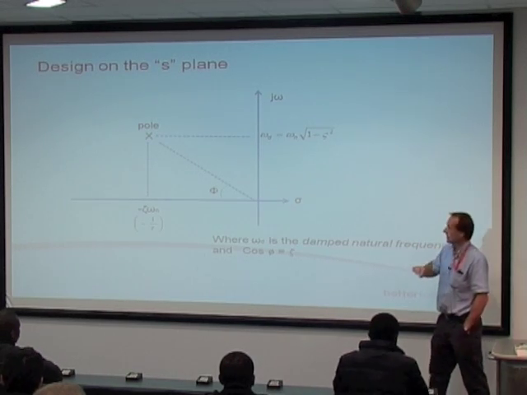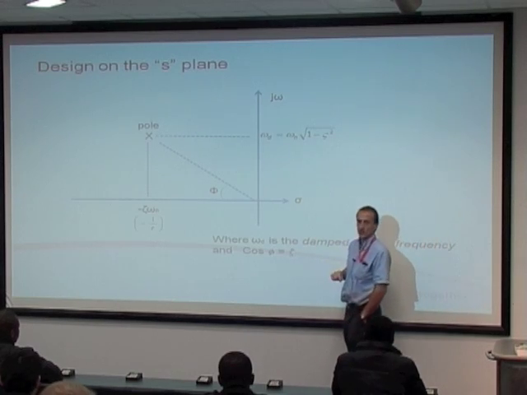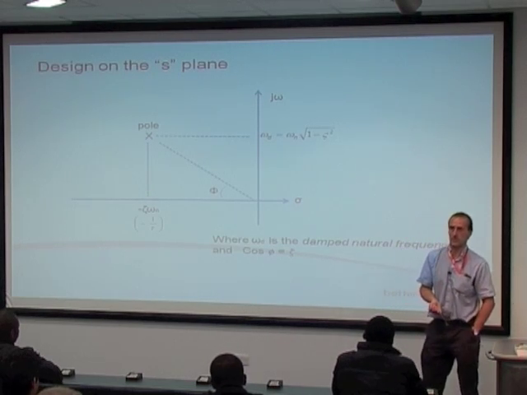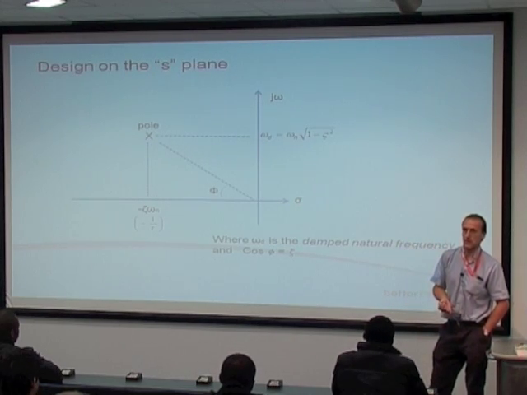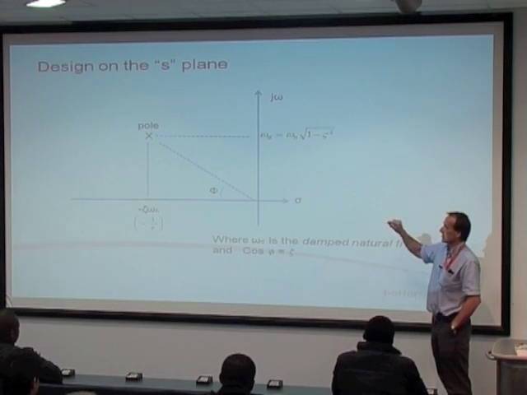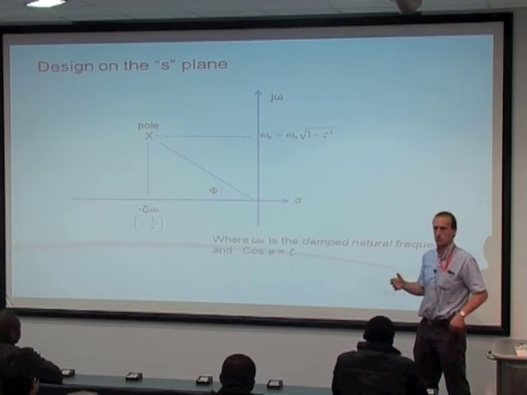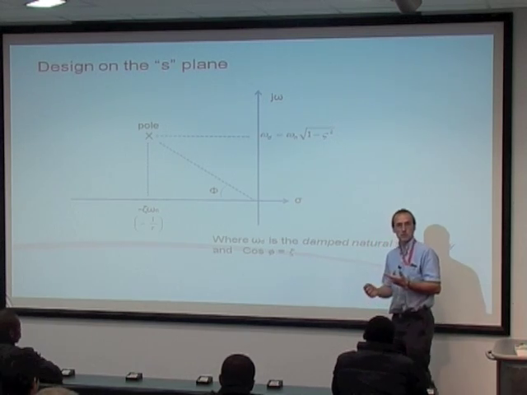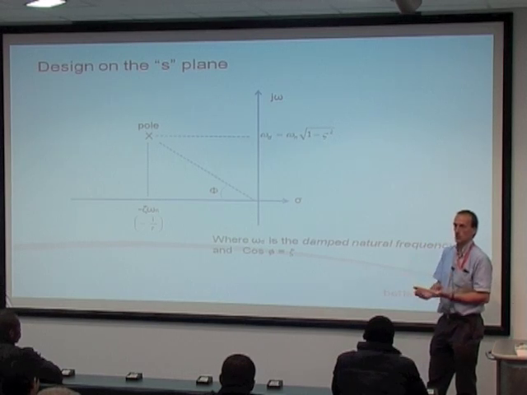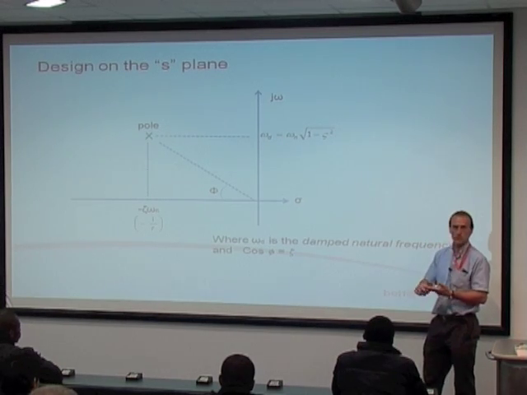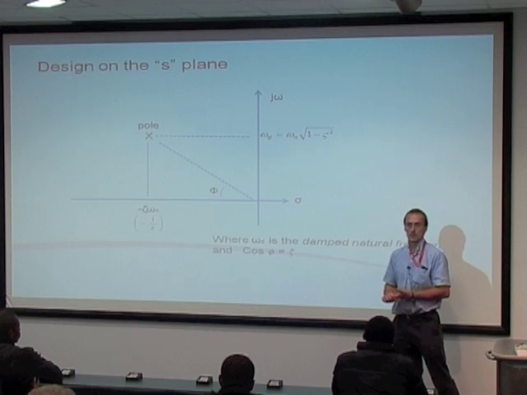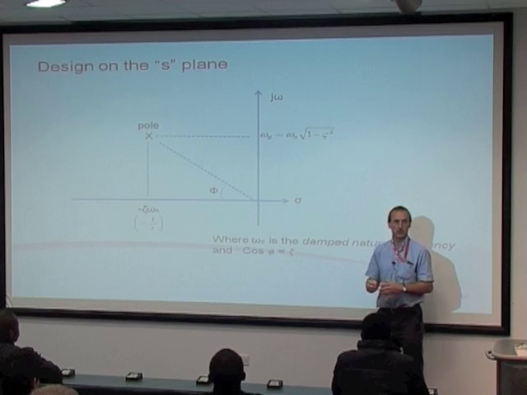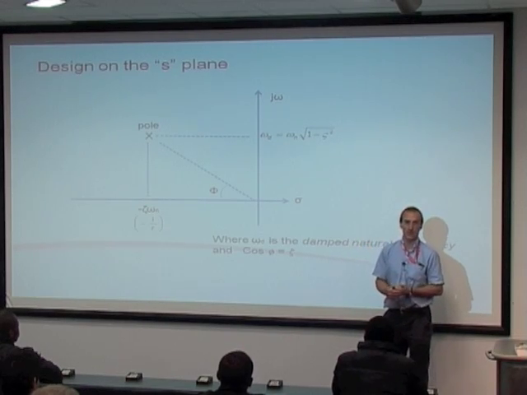And that means if I know the frequency of oscillation, omega d, I can relate that directly to rise time. So not only can I determine the required pole positions using omega n and zeta and tau and all those things, I can also do it using the more normal commercial design parameters of rise time and settling time.